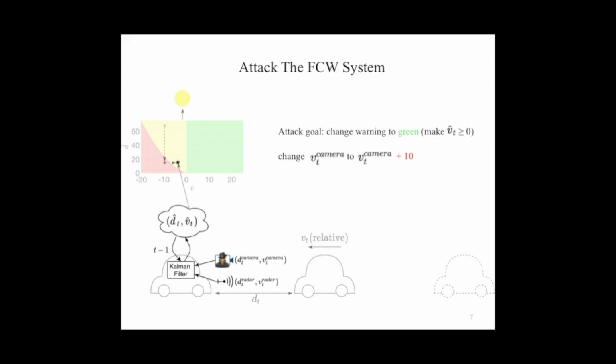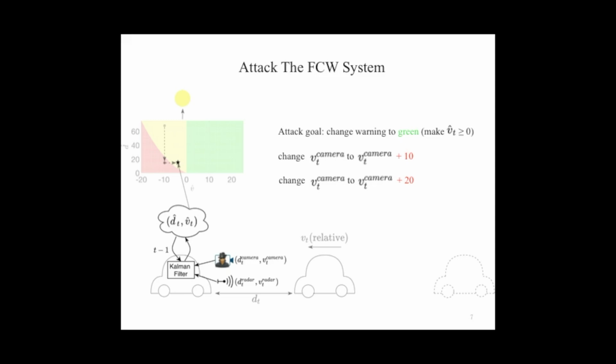So immediately the next option is to double the increase to 20. However, this is still not going to work in most cases because, as we said before, the way that the Kalman filter performs estimation is by smoothing the state estimation in the previous time step and the current measurements. Therefore, the previous state estimation can sort of cancel our attack effect here.